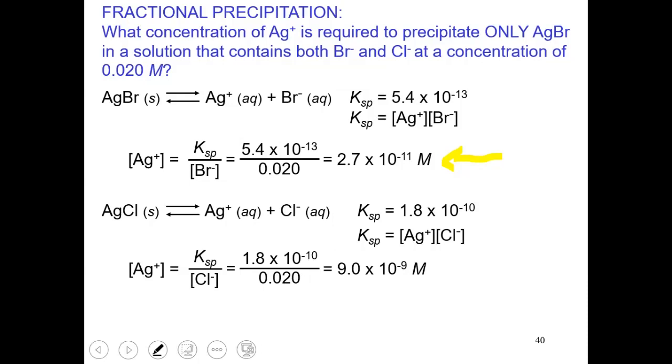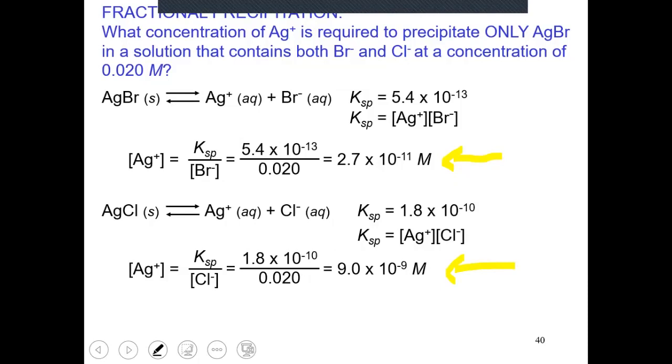And that gives us 9.0 times 10 to the negative 9 molar. So notice that this concentration is roughly about, I don't know, 400 times more concentrated, right?